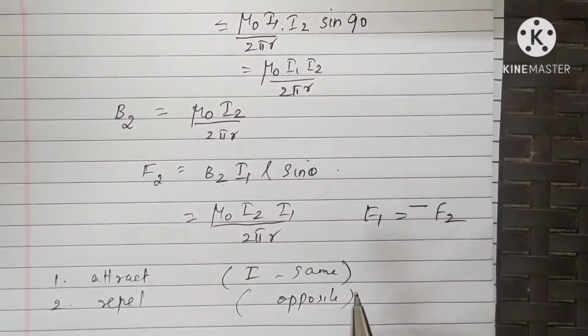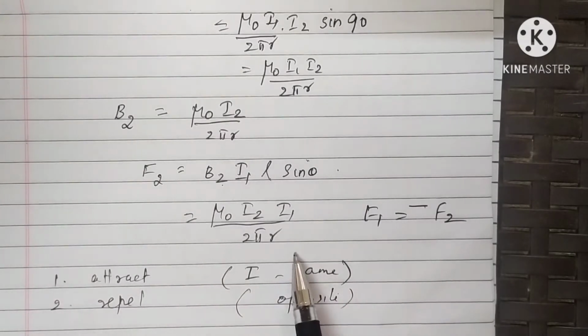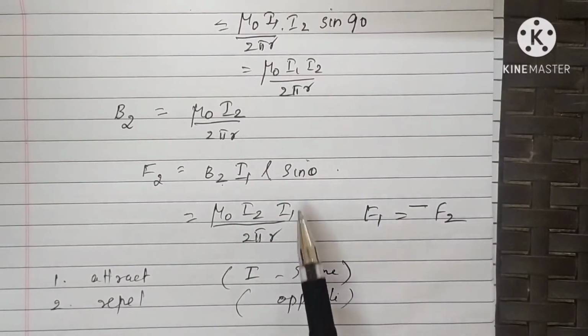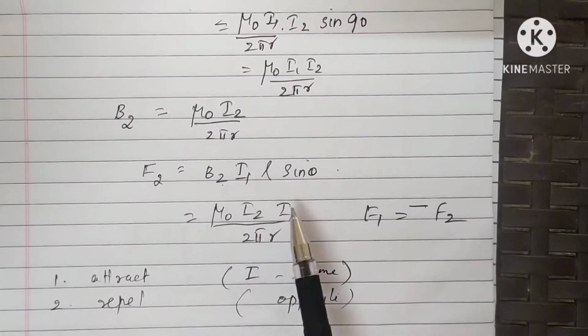Okay, it's very important. This derivation is normally asked for board exam, that is to find an expression for the force between two parallel current carrying conductors, and finally it is also asked to define the term ampere. So after finding this value, you have to define ampere. For defining ampere, you will put this I1 and I2 as 1 ampere, that is unity.